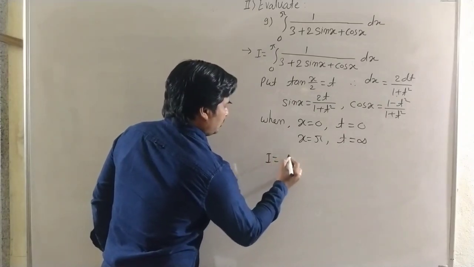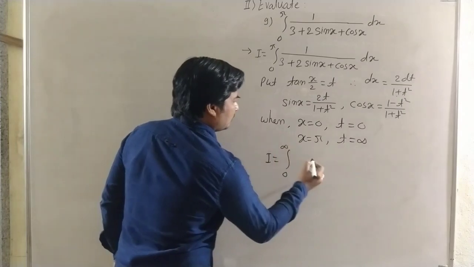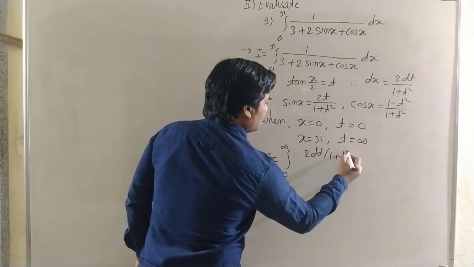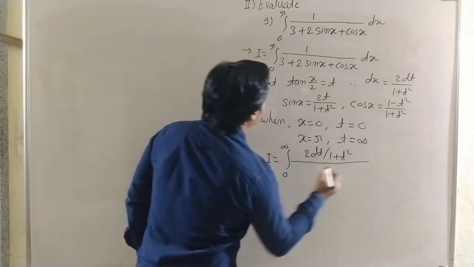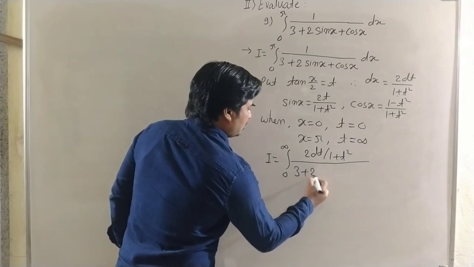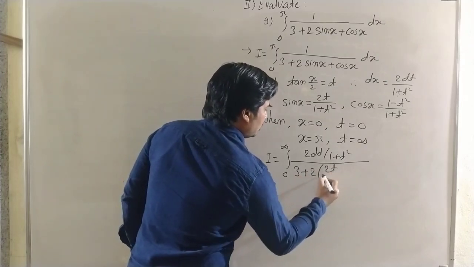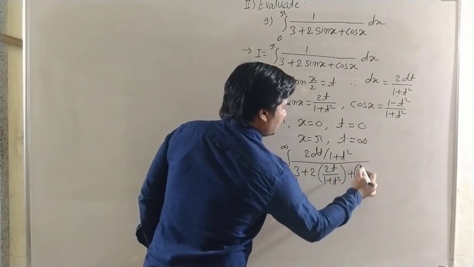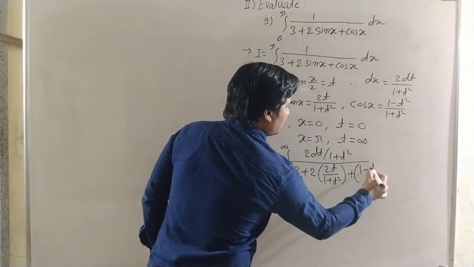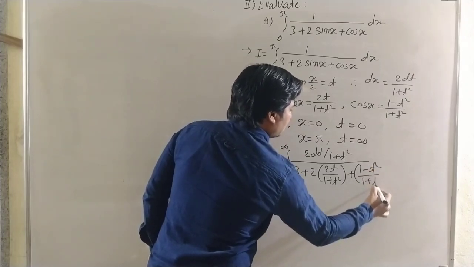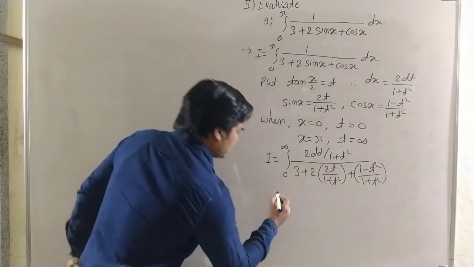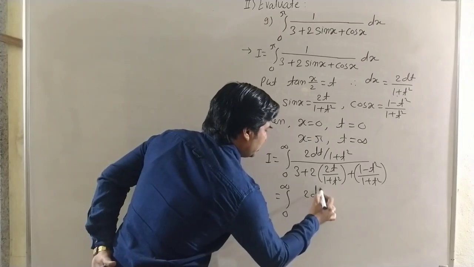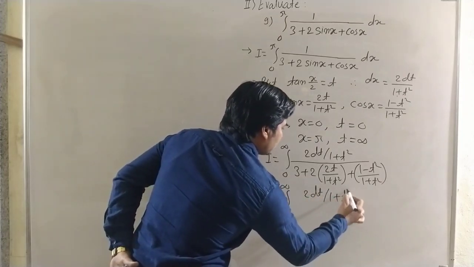Here the integral is equal to 0 to infinity, 2 dt upon 1 plus t square, whole upon 3 plus 2 into 2t upon 1 plus t square, the value of sin x, plus 1 minus t square upon 1 plus t square. Now calculate this.